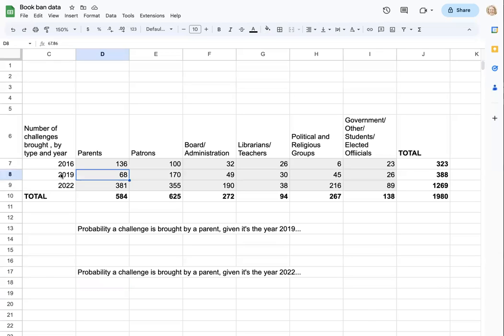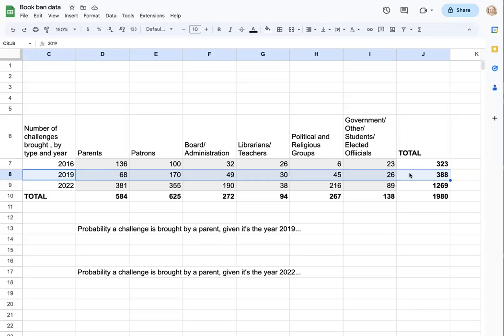So in the year 2019, if I highlight that, everything that I've highlighted, that's our new world. That's our new subpopulation. So instead of 1980, our population is now 388.